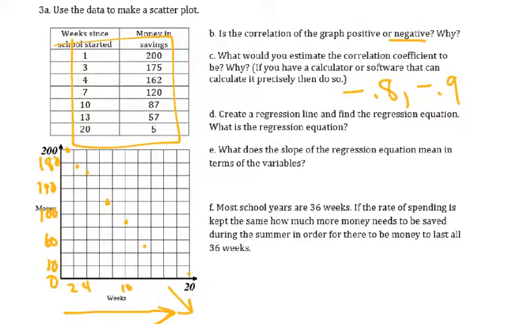Okay, so let's take a look at ours. I'm going to start up here, maybe at like 210. So that's my y-intercept. And then I'll make my graph, and then we want to figure out our slope, how far we can go down.